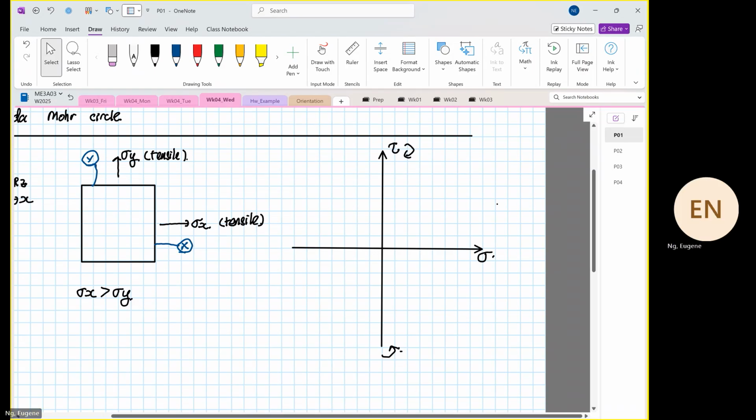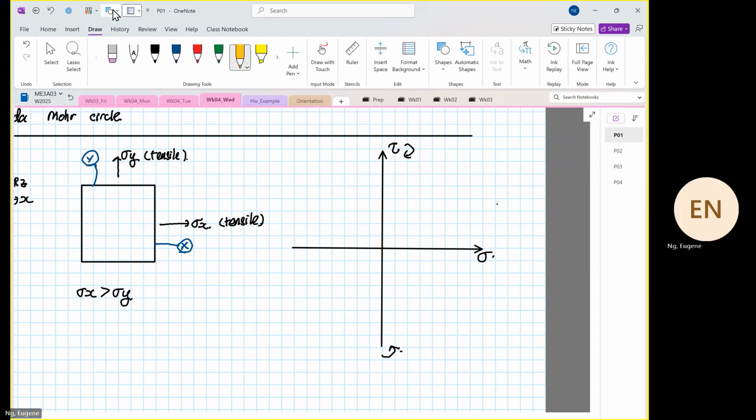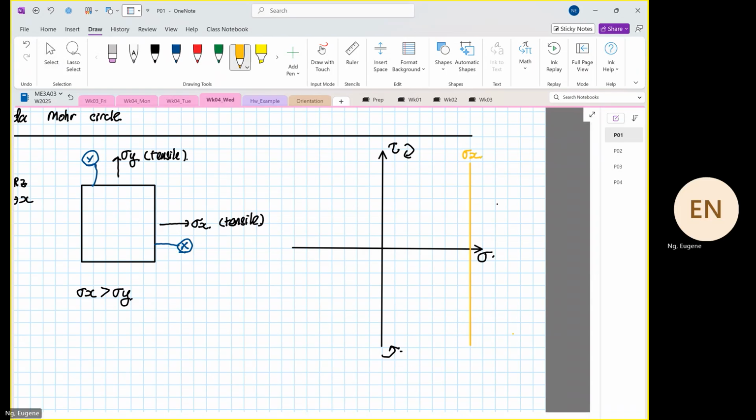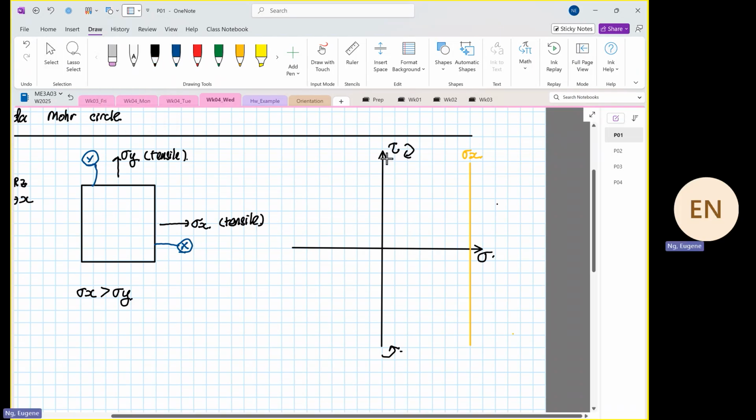Okay. So we have written out that stress X is greater than stress Y, and both are positive. So over here, this is our stress X line. I'll extend it a bit further. And then over here, I'm going to draw a vertical line.